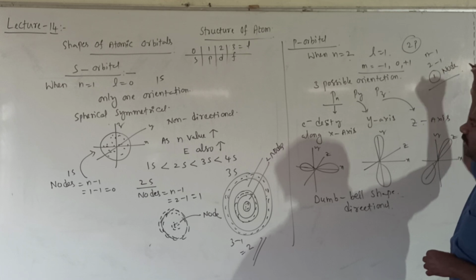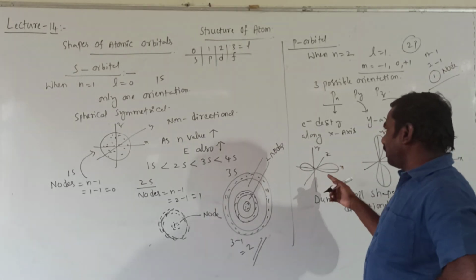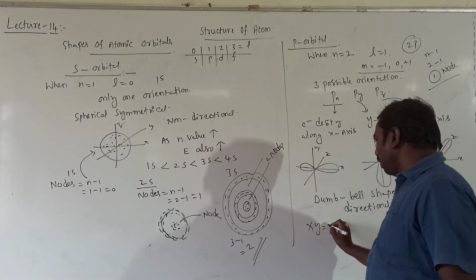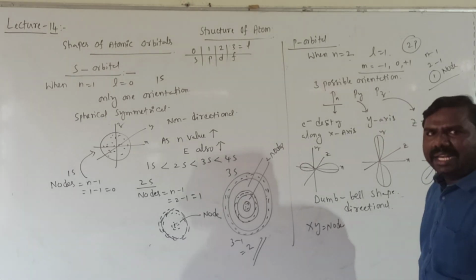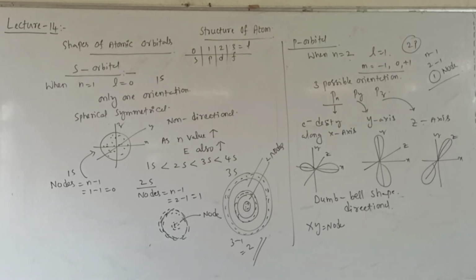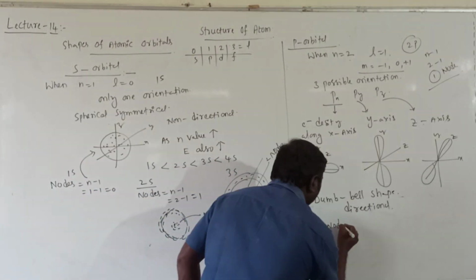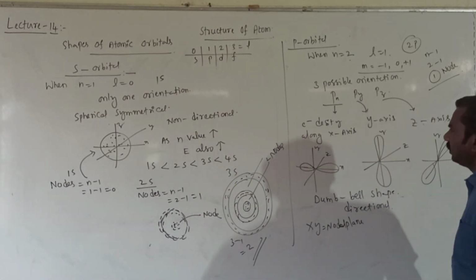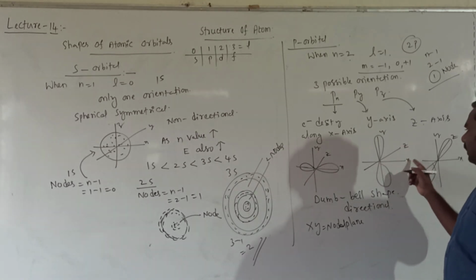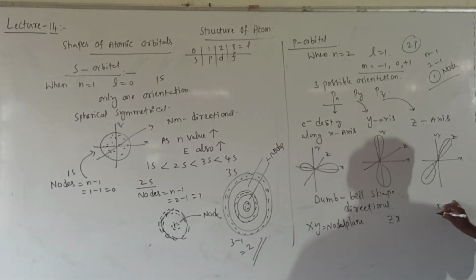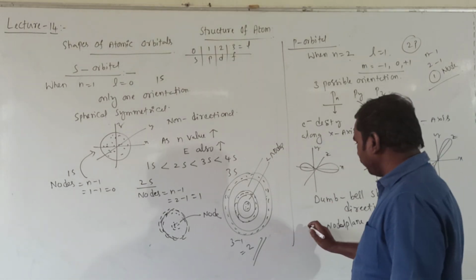How many nodes possible here? 1 node. So the node means no electron density. Nodal planes: these are nodal planes, xy plane, next zx plane, and zy plane.